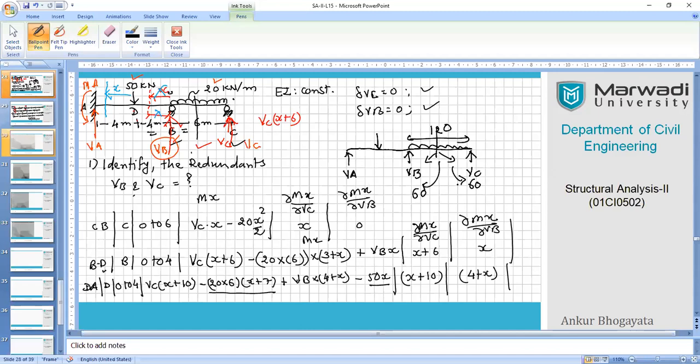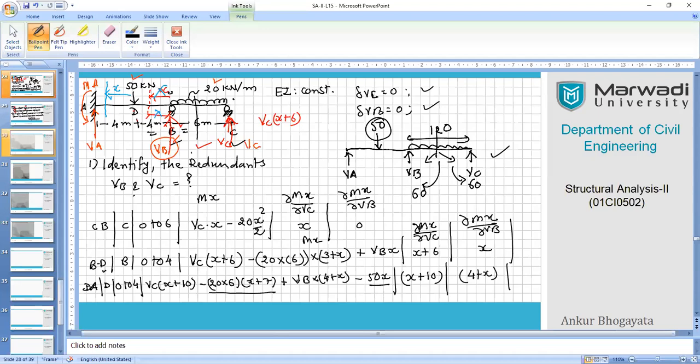I'm just giving you a qualitative analysis. Please understand, we are not working out the exact solution. We are just qualitatively calculating, right? So at least by logic, half of the load will transfer to the support VB and half will be transferred to VC. Agree? Now, you can confirm that there is another load which is 50 over here.